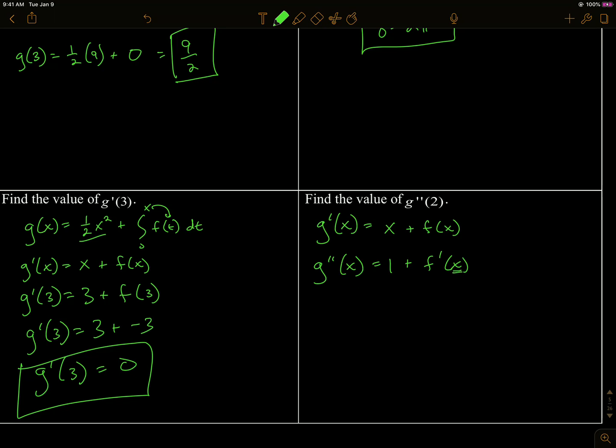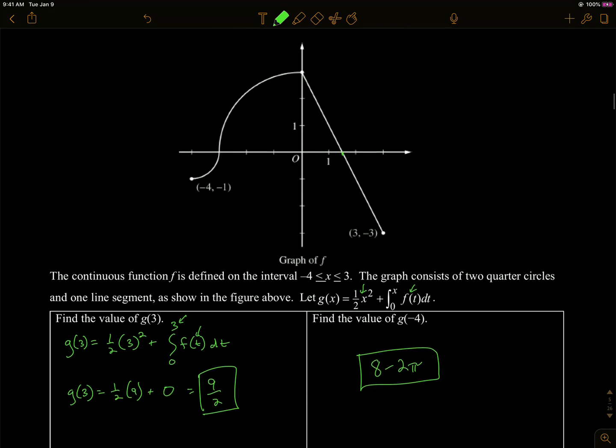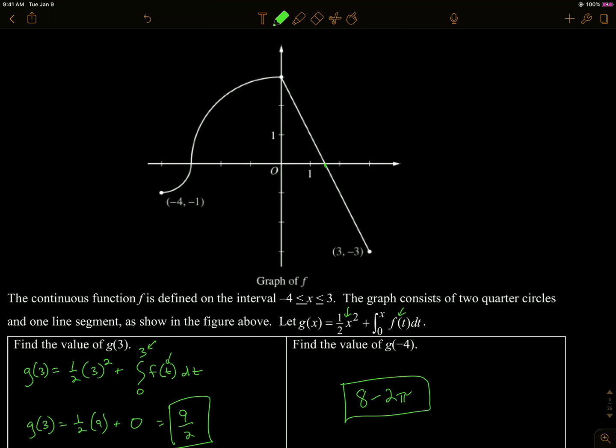So now we want to find what's g double prime of 2. That's going to be equal to 1 plus f prime of 2. So we have to go to the function f and look at the slope of the tangent line at 2. So we're on this line segment here, so whatever the slope of that line segment is. It looks like we go down 1, 2, 3, 4, 5, 6, and right 3.